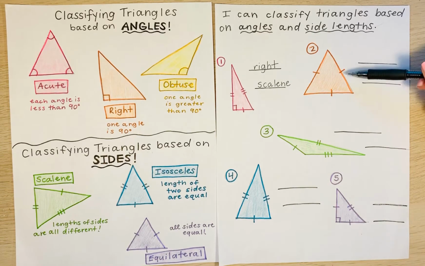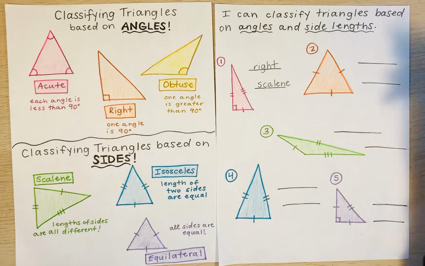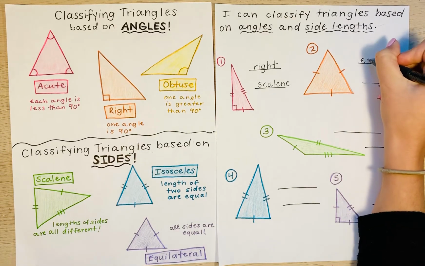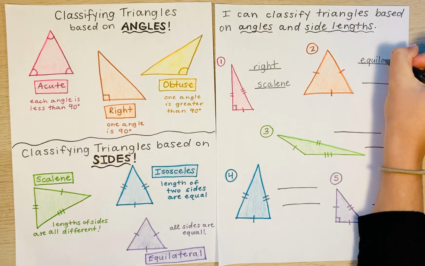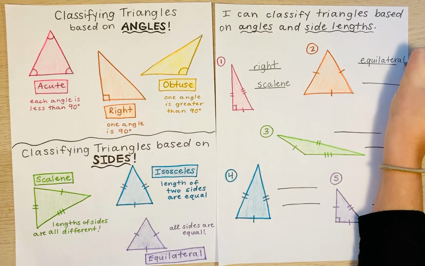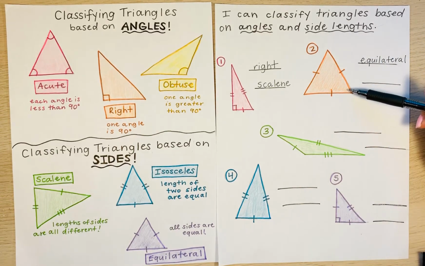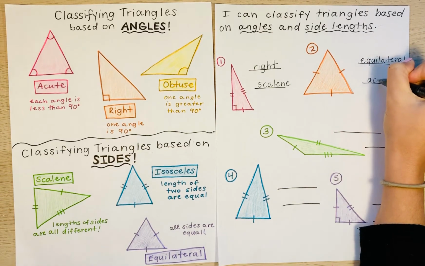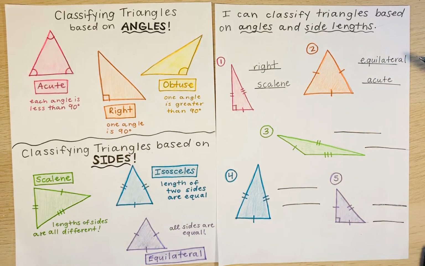Number two, I see automatically that all of the sides are equal based on these tick marks. So I know it's going to be an equilateral triangle. And I don't see any right angles and I don't see an obtuse angle, so I know it's going to be acute. So we have an acute equilateral triangle.